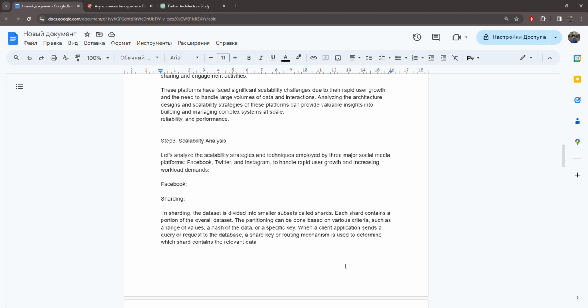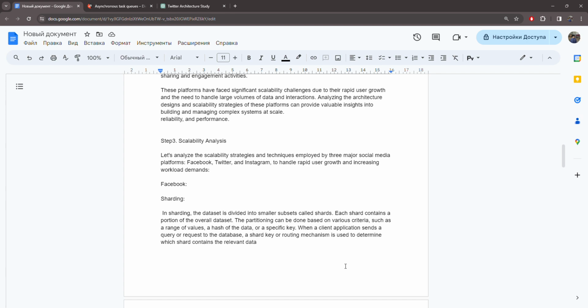In sharding, the dataset is divided into smaller subsets called shards. For example, we have a dataset and we divide it into small groups. I have 1,000 t-shirts and divide them into groups, maybe by color, maybe by size. So it's kind of this process. The partitioning can be done based on various criteria such as a range of values, a hash of data, or a specific key.